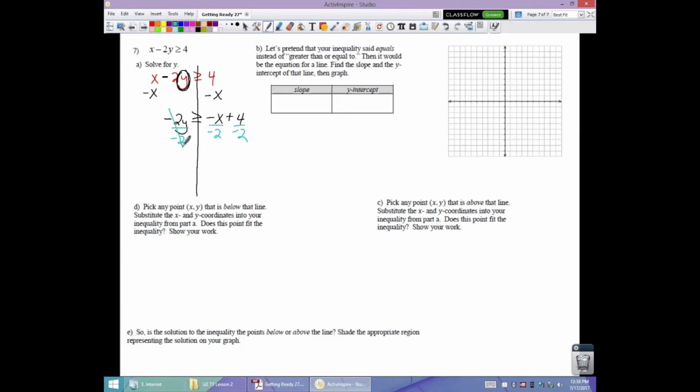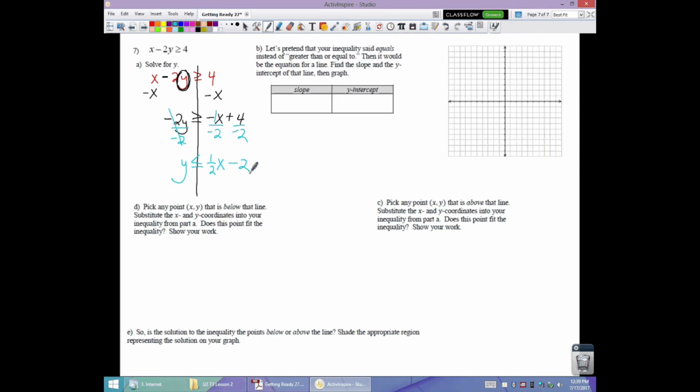Okay, so these cancel. I'm left with y. I have to change my sign from greater than or equal to less than or equal. Now this is negative 1x divided by -2. Well, -1 over -2 is 1/2, becomes positive, and there's an x. 4 divided by -2 is -2.